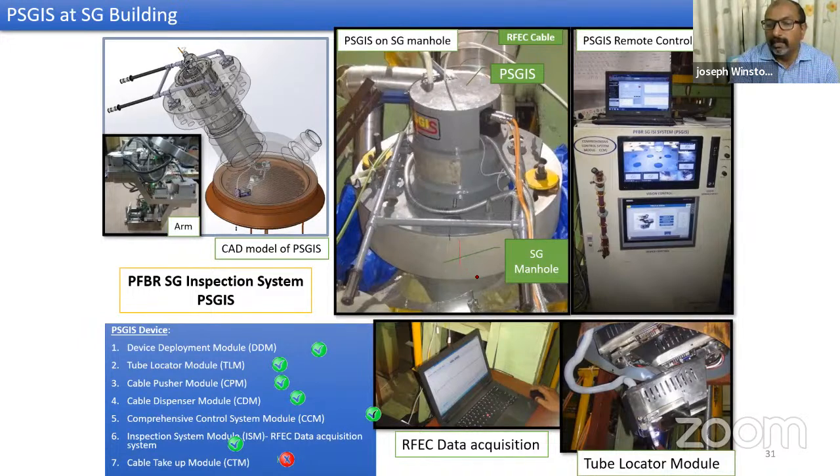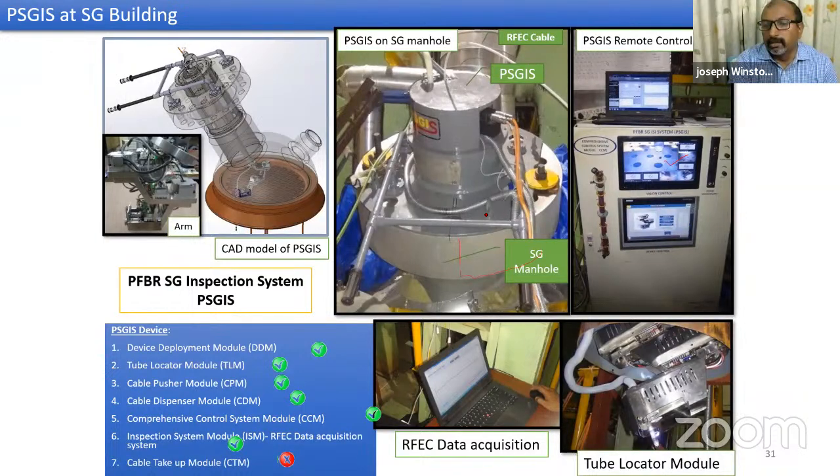You can see here a thick top flange, and the device sits on the top, and the cables come out here. We have no clue what is happening inside except for the screen images, where you can see the probe, and the HMI screen through which the controls are done to run the motors.